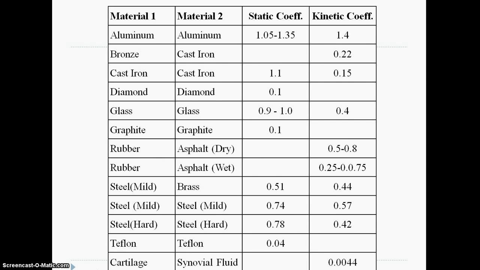Below that you have cartilage on synovial fluid, which is inside your joints. I thought it was pretty cool that there's an order of magnitude difference in the coefficient of friction there. Inside your joints, the friction is far less than even a Teflon situation. Kind of a cool biology thing.